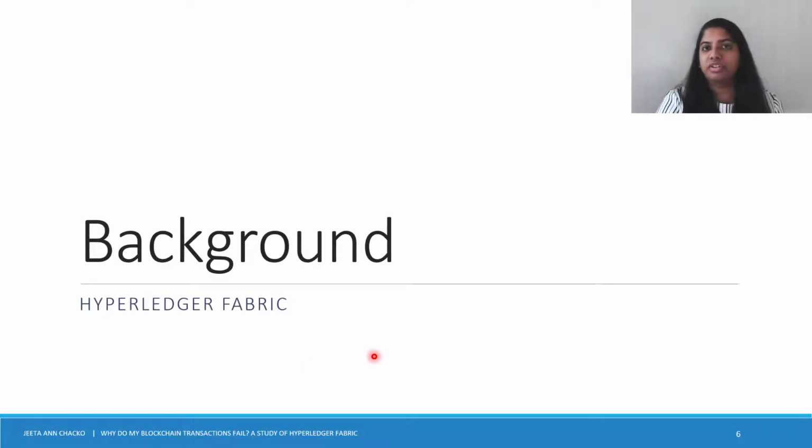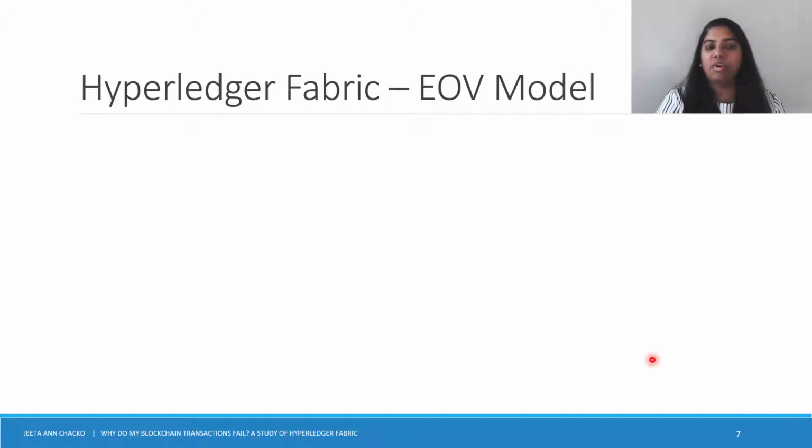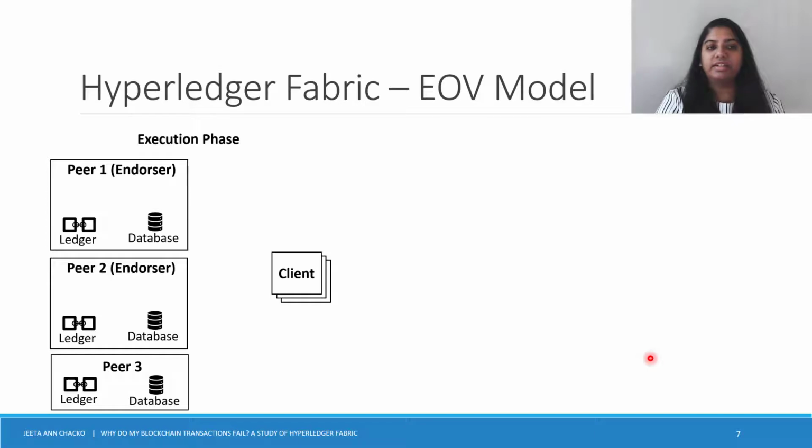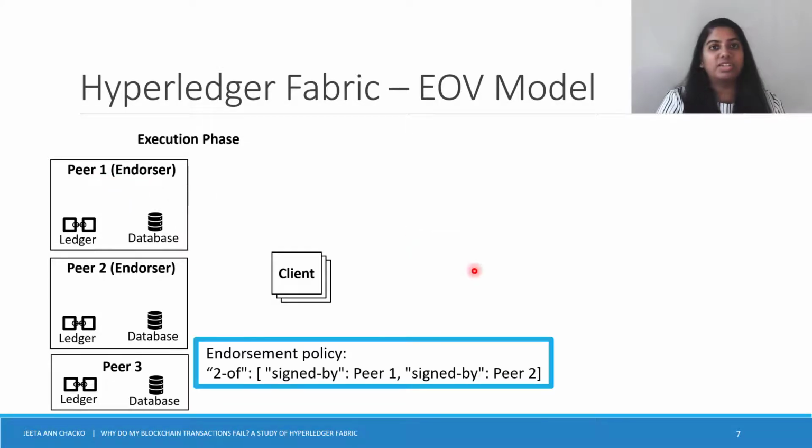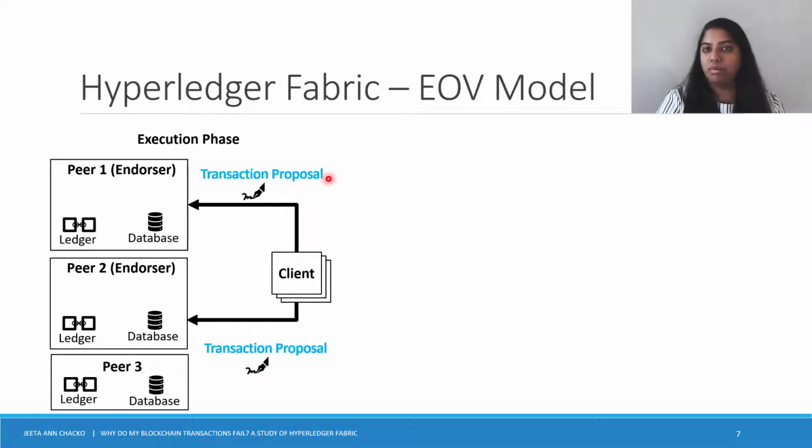So, first, a short introduction to the transaction flow in Fabric. Fabric follows an execute, order, validate model, where in the execution phase, the clients interact with the peers. Some of the peers are assigned as endorsers based on an endorsement policy, which says exactly how many peers need to sign or endorse a transaction. So based on the policy, the client sends a transaction proposal to the endorsers.